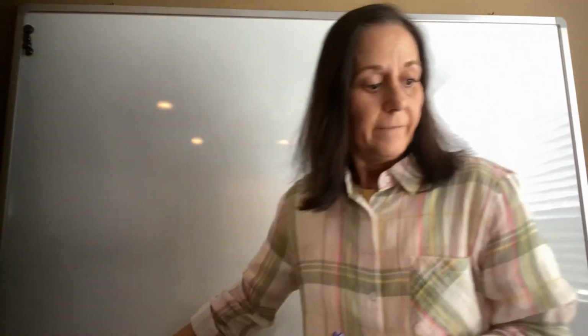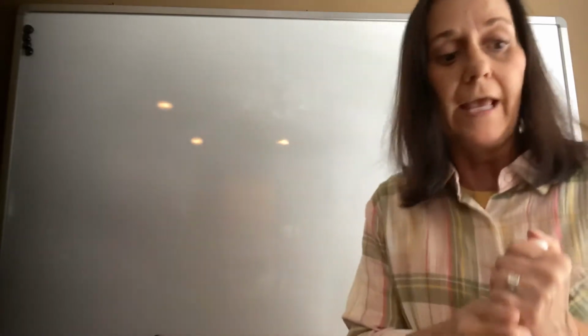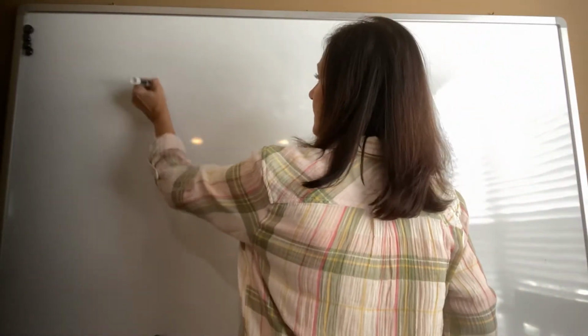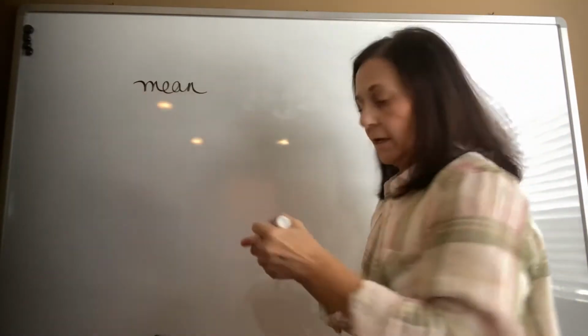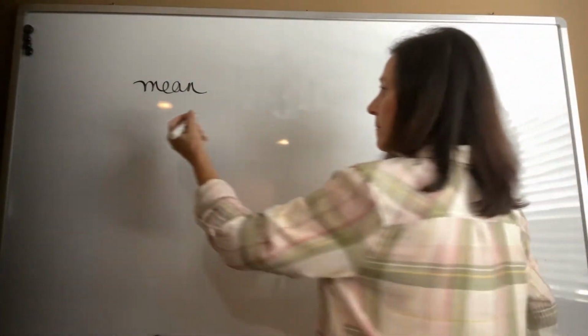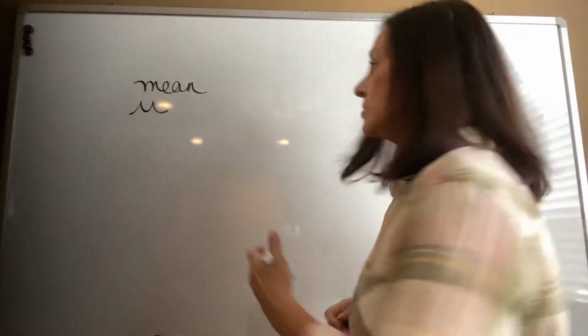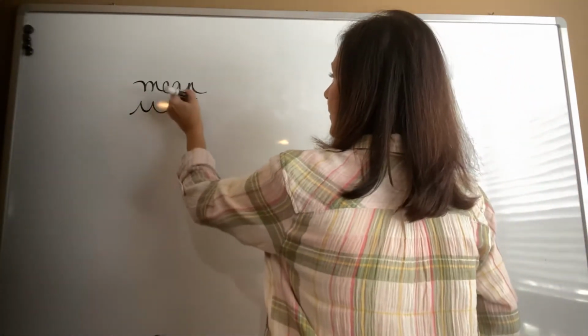Now, you've heard these before: mean, median, mode, and range. These are all statistics values. The mean is either mathematically looks like that, like a mu almost, or an X with a line over it.